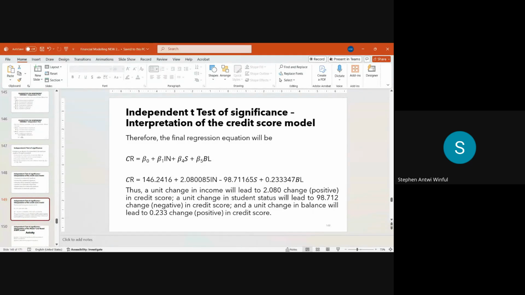To be clearer, if student status should increase by 1, the score would fall by 98.7, because of the sign. Then for the balance, also a positive sign. That means that if the balance should increase by 1, credit score would increase by 0.233. That is how we explain the coefficients of the regression estimates.